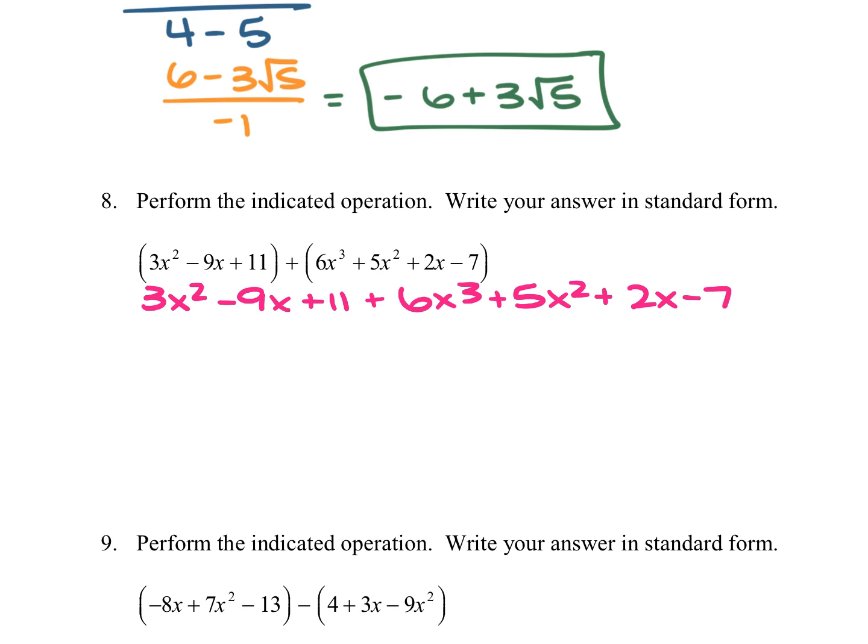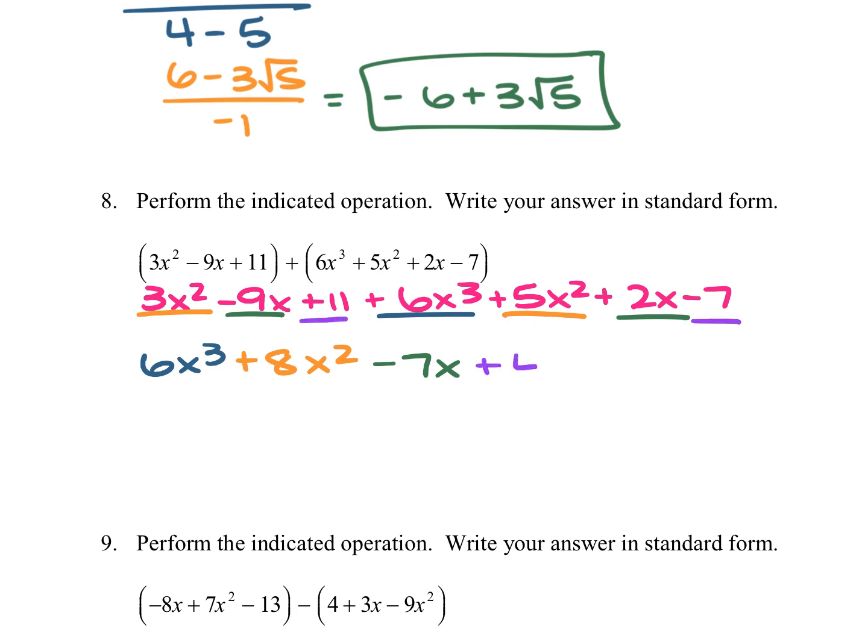And make sure that we put our answer in standard form. So we're going to start with the 6x cubed. Next we have the x squared, which simplifies to be 8x squared. Then we have the x's, so negative 9 plus 2 is negative 7x, and 11 minus 7 is 4.